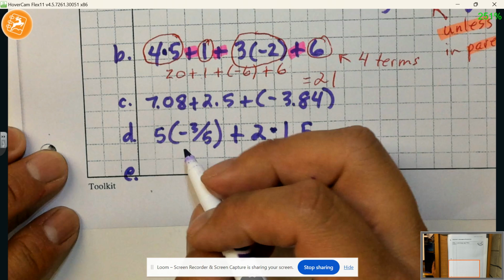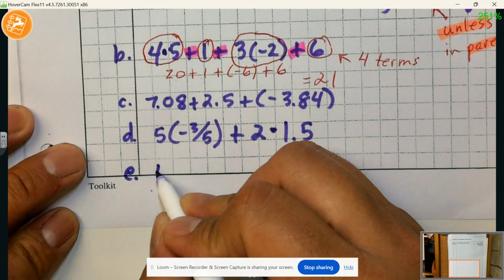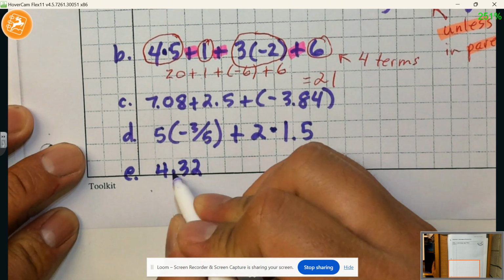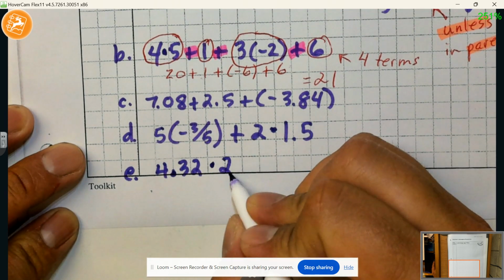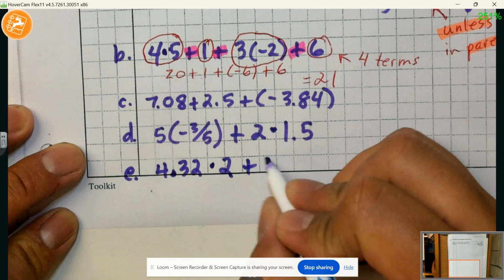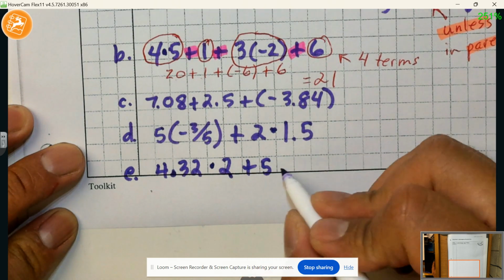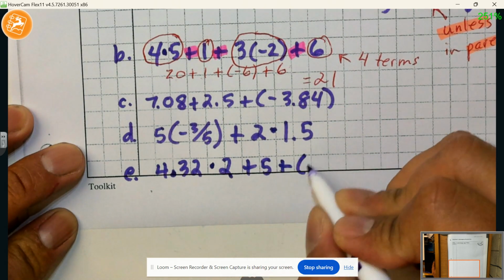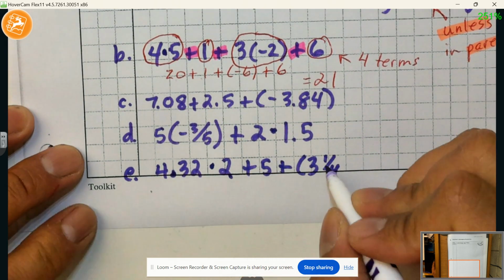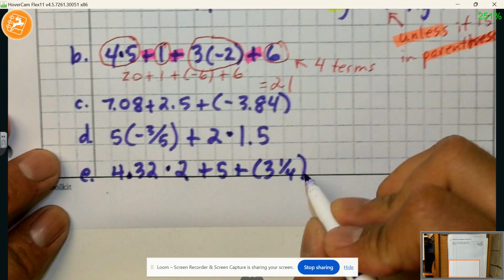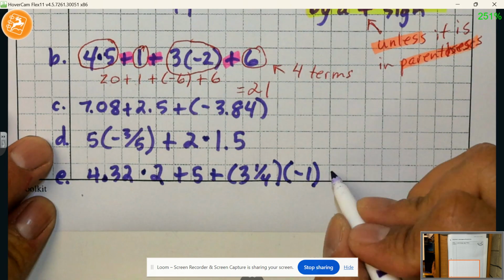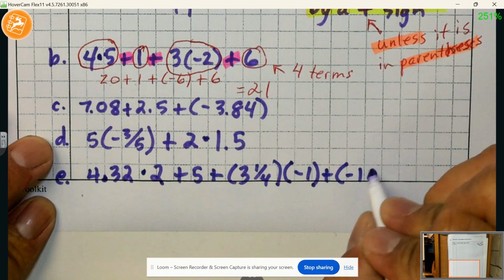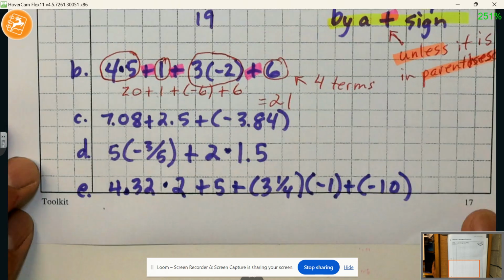And then the last one will be 4.32 times 2 plus 5 plus 3 1/4 times negative 1 plus negative 10.